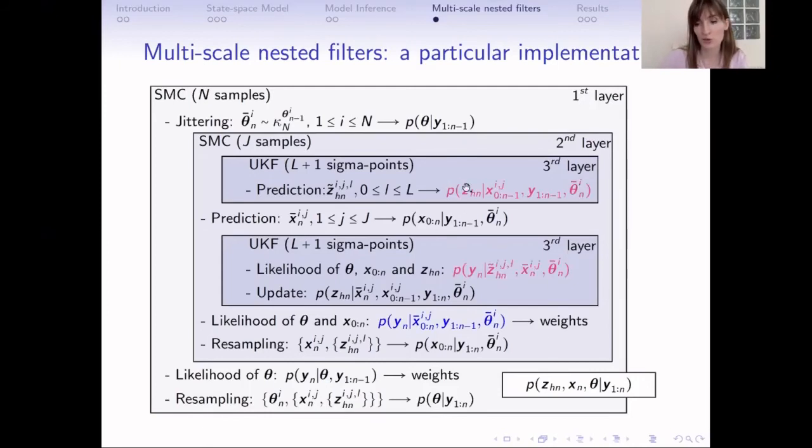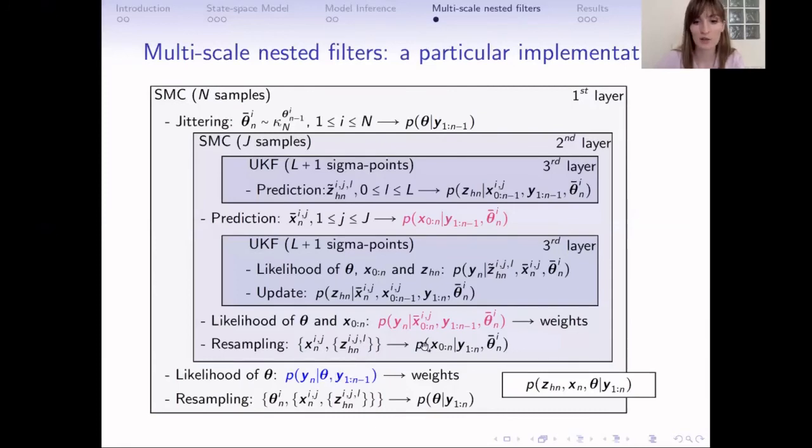And thanks to the predictive PDF of Z and this likelihood we have already computed, we can compute the likelihood of X and theta. Then we can obtain the weights we need for the resampling step in the second layer. Thanks to this likelihood we have computed and the predictive PDF of X, we can compute the likelihood of theta.